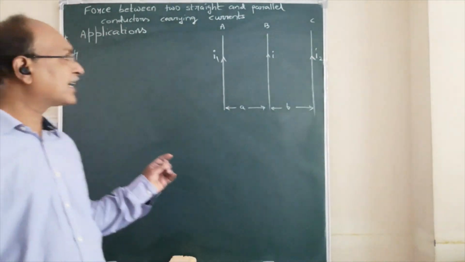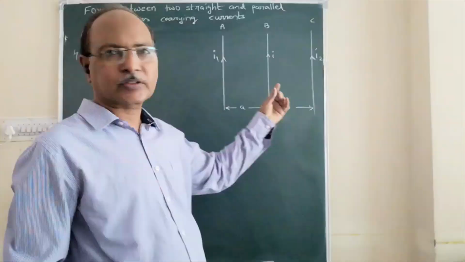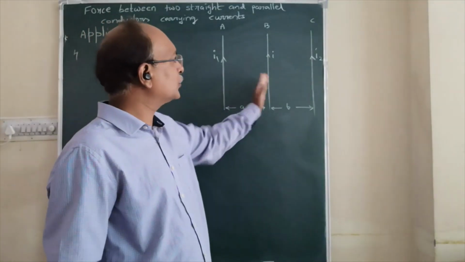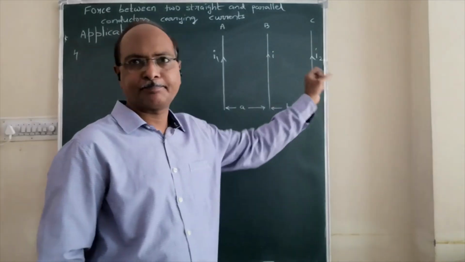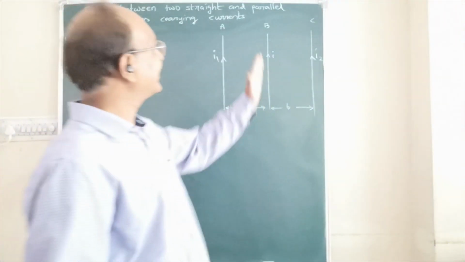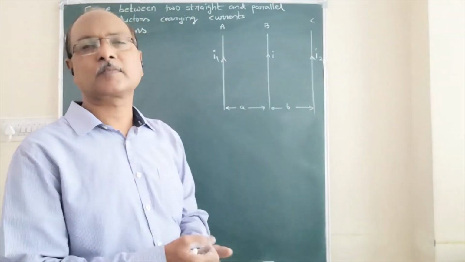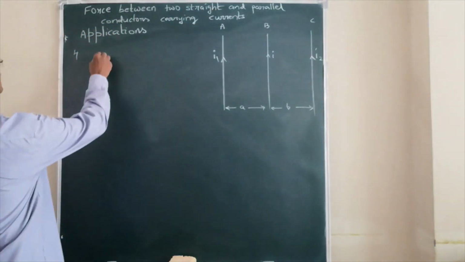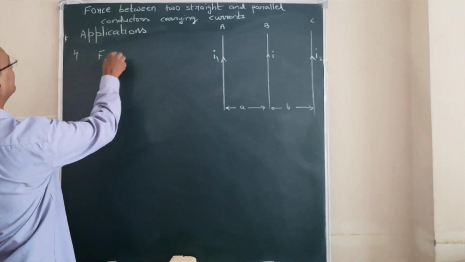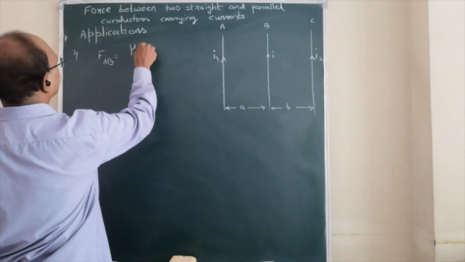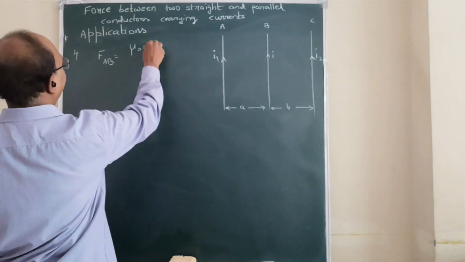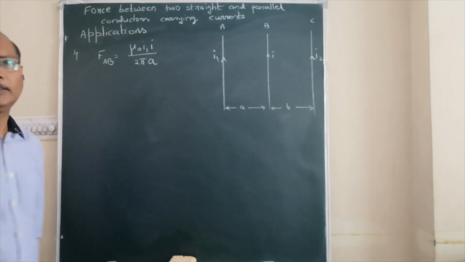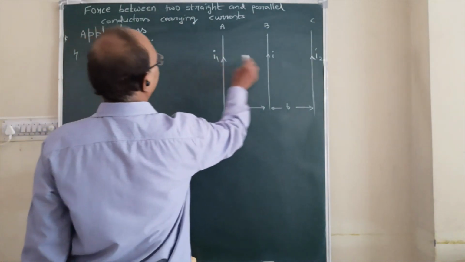Now suppose we have three conductors A, B and C carrying currents I1, I2 and I. A is the separation between these two, B is the separation between the other two. What is the net force acting on the conductor B? Now the force between A and B, FAB, is mu naught I1 I by 2 pi A into L, where L is the length of the conductor.